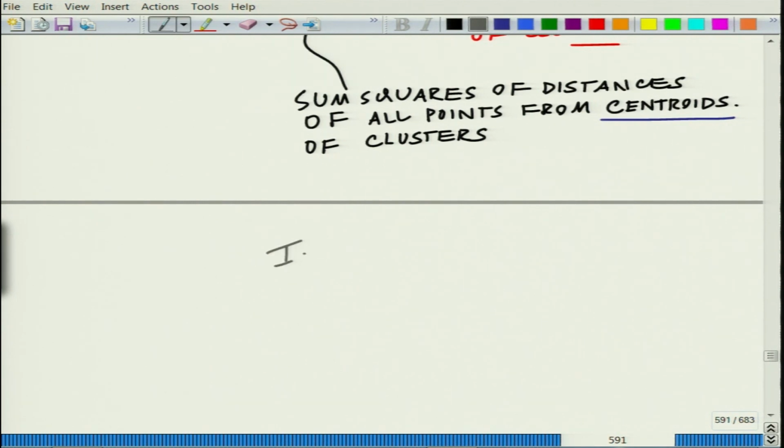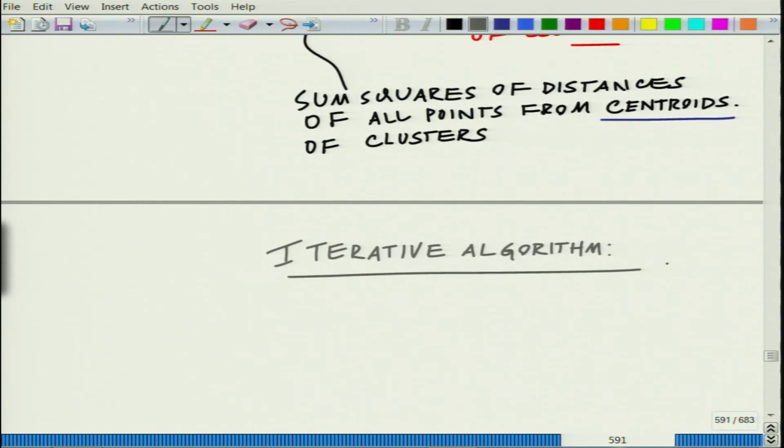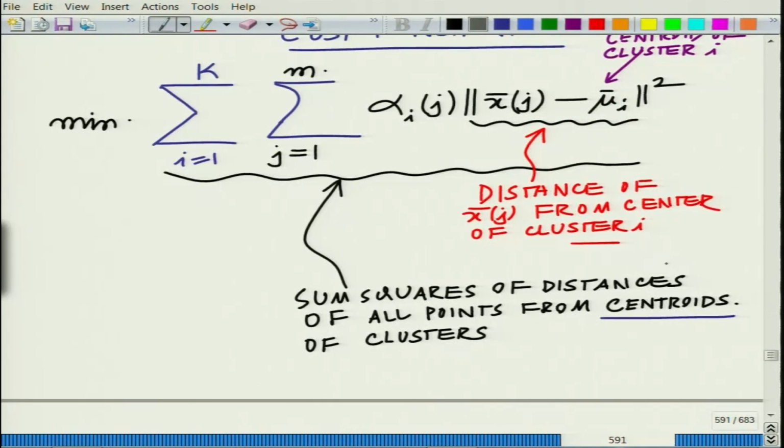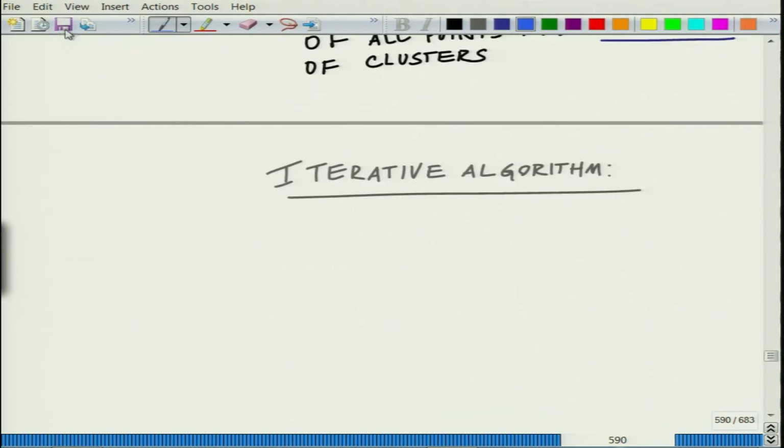So, k-means is an iterative algorithm to basically minimize this cost function. Remember, the aim is to minimize this cost function, and we would like to perform an iterative algorithm.